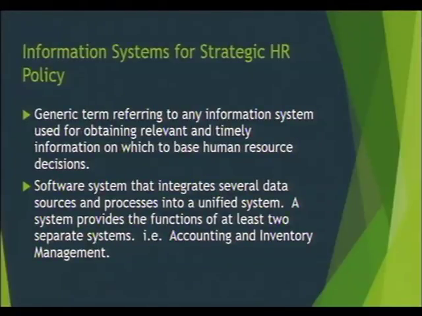It's also a software system that integrates several data sources and processes them into a unified system, a system that provides functions of at least two separate systems, that is accounting and inventory management. So accounting and inventory, take note of that.